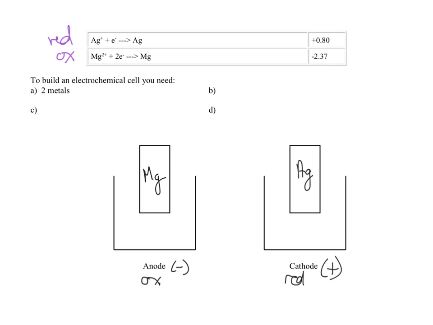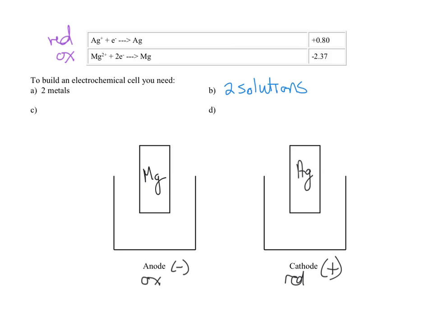The second thing that you need is two solutions. But not any solutions. You want solutions that contain your metal cations. What does that mean?